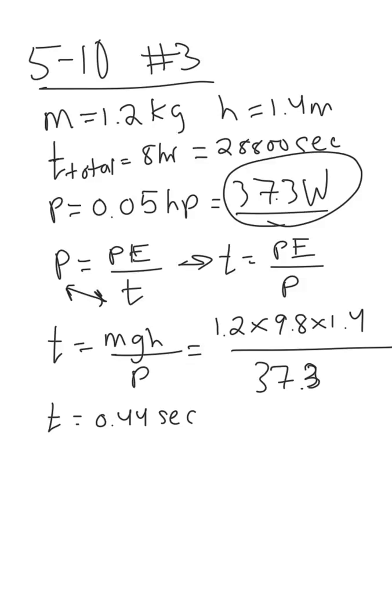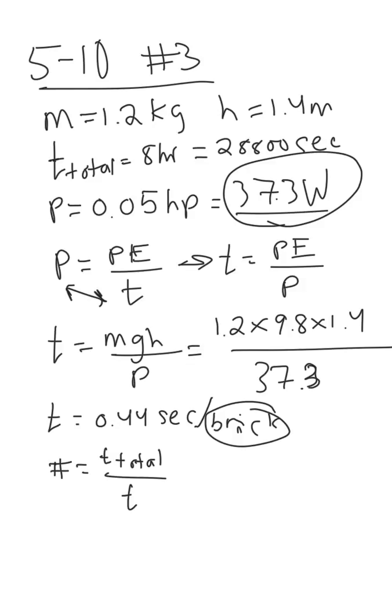All right, so the number of bricks is going to equal our total time divided by t, because total time is 28,800 seconds, and our t value is 0.44 seconds per brick. So when we do total time divided by time, we're left with a value of bricks.